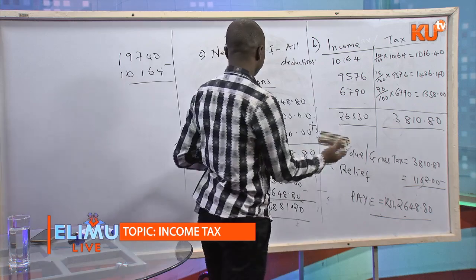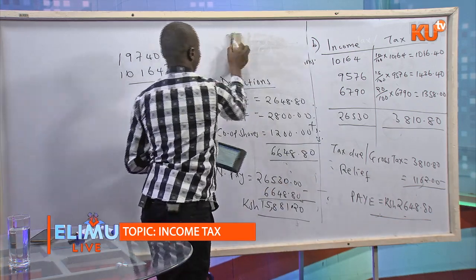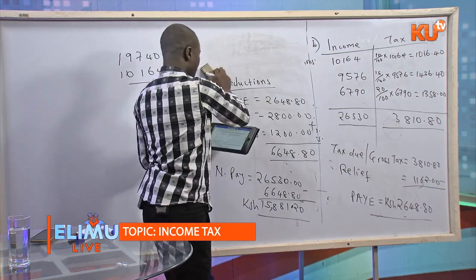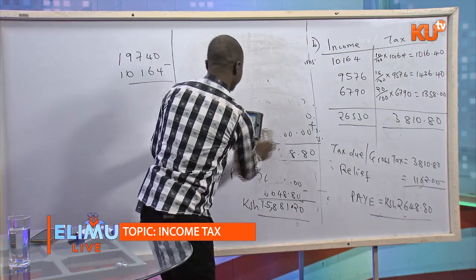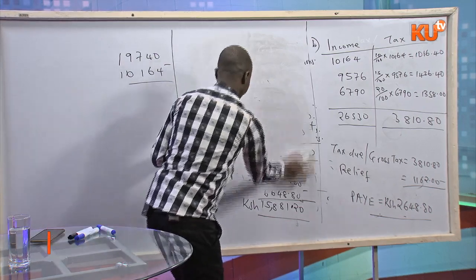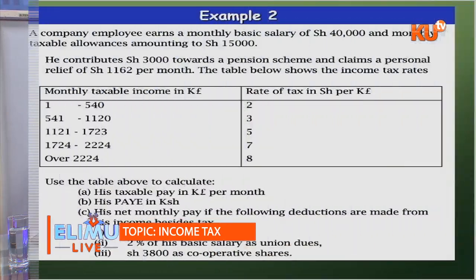Question 2. Example 2. A company employee earns a monthly basic salary of 40,000 and monthly taxable allowances amounting to 15,000.